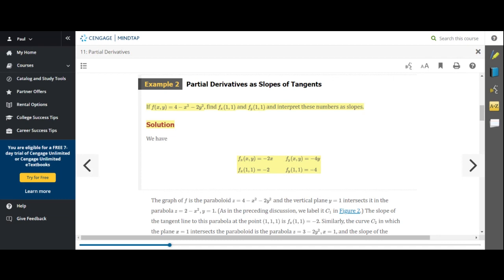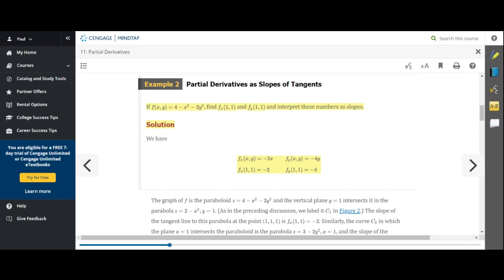The point (1, 1) is a point in the xy plane, but then we look at the surface above the point (1, 1).